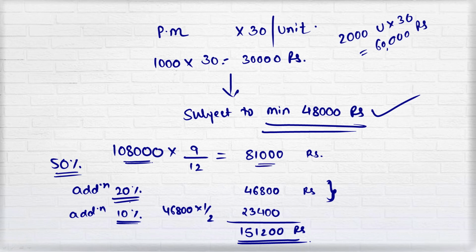For additional 20% of capacity, you are working with 80% of capacity for how many months? 9 months. So this 46,800 is for how many months? 9 months.